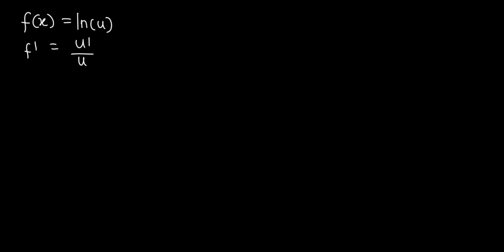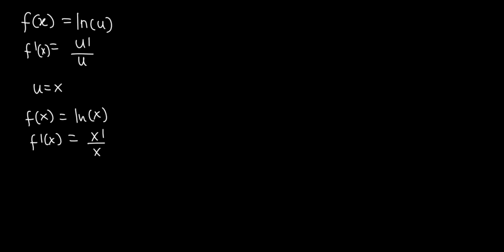So let's say in a situation whereby we have u equal to x, then we are going to have f of x equal to ln of x. In this case, f prime of x will be equal to x prime divided by x.